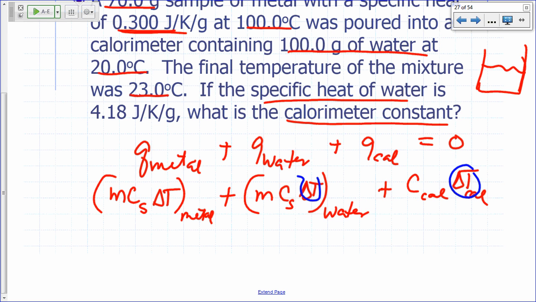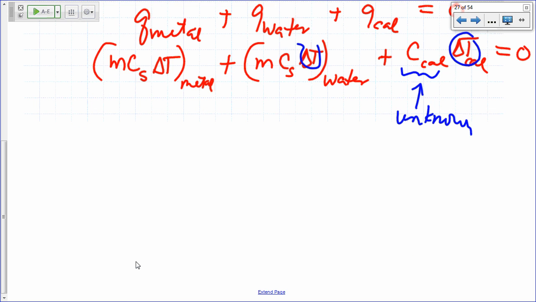What's the only unknown here? This one is your unknown, okay? And so this whole thing is equal to 0. How do you solve for your unknown? You move all of this to one side and then divide by that, right?